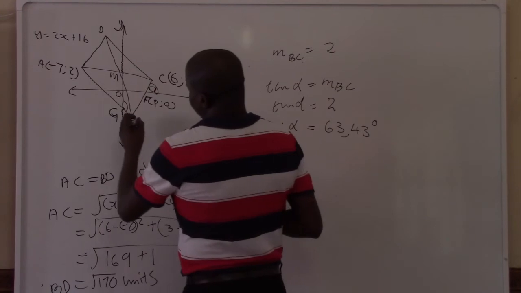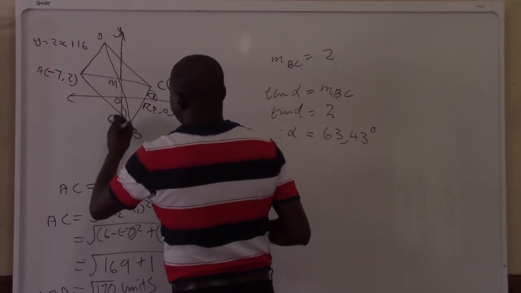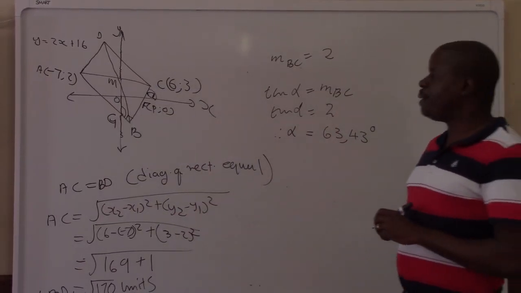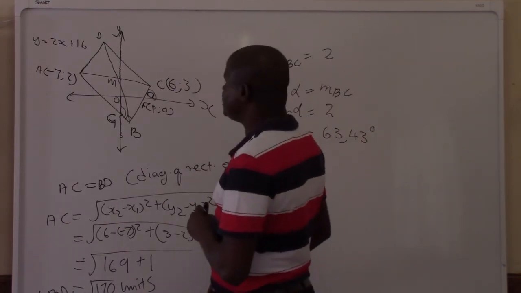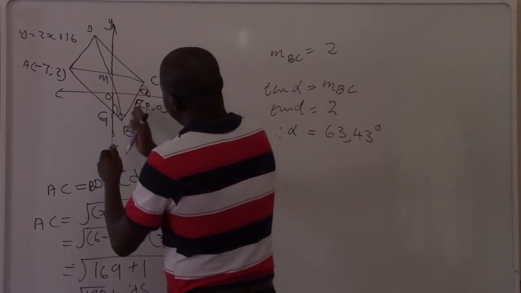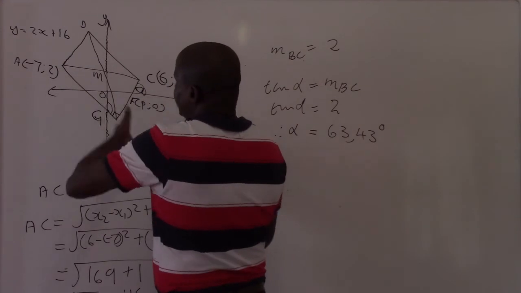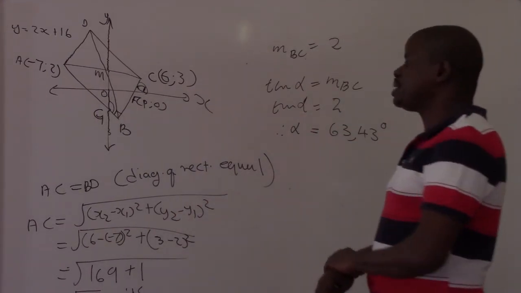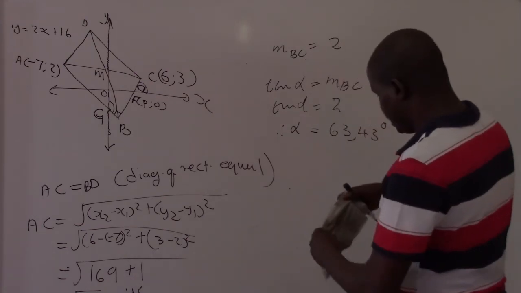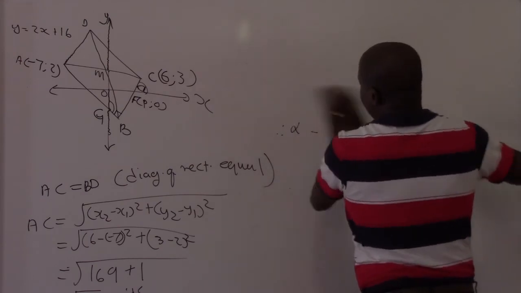The line AB and the line BC are perpendicular to each other. If they are perpendicular to each other, it means that when we multiply the gradient of BC and the gradient of AC, it will always give us -1.